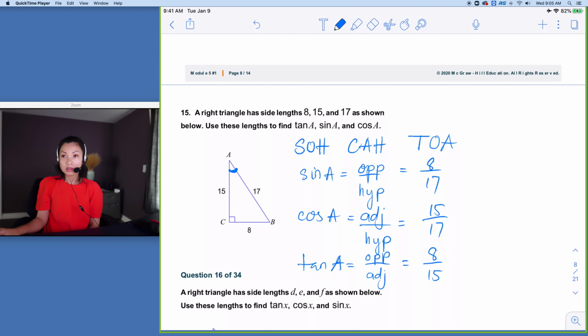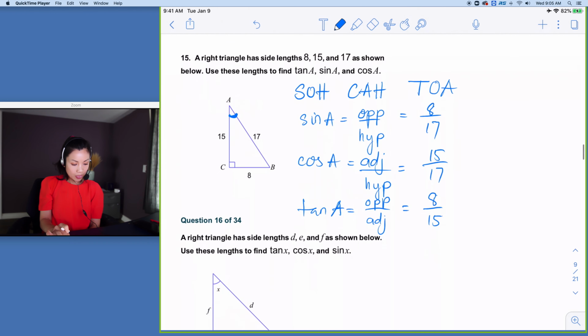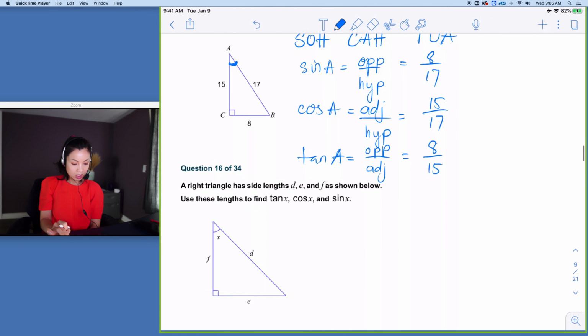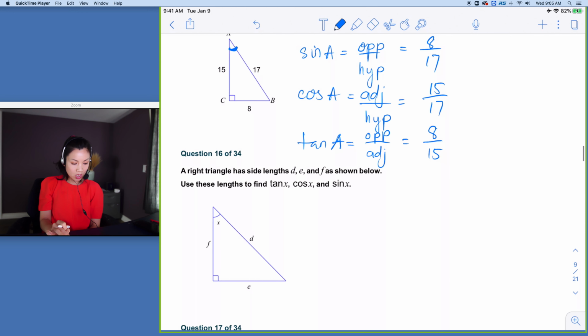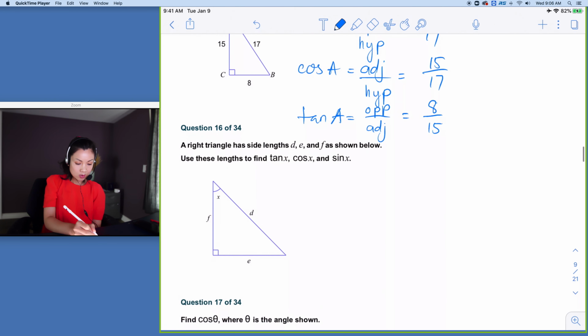All right, now moving on to this right triangle. They don't give you values, but we don't need the values. All we need is SOHCAHTOA. So tangent, cosine, and sine. I'm going to do sine of x. So this is x.